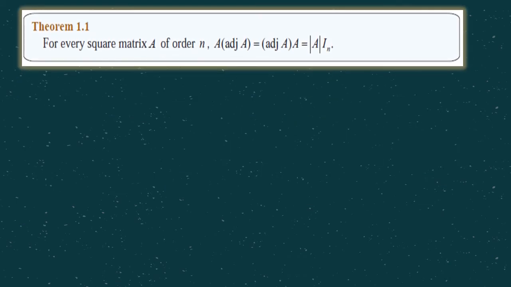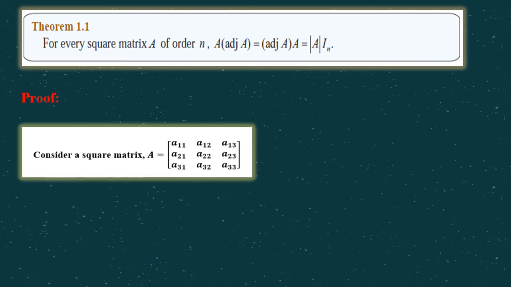Now theorem 1.1. For every square matrix A of order n, A into Adj A equal to Adj A into A equal to determinant A into In, where In is the identity matrix of order n. So we need to prove this.